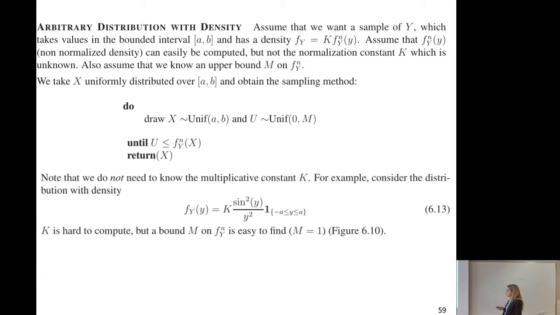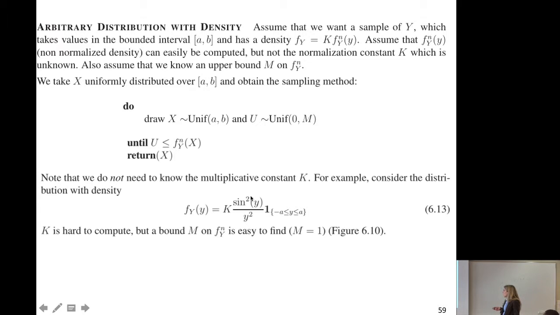Otherwise, we repeat the process. So this is very similar to the simplification we did before, because before we had this probability density function, fy, where k is hard to compute, but we know a bound of fyn, which is equal to 1. So in the previous example, m here was equal to 1. Okay?